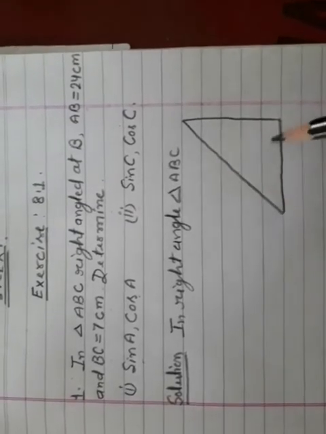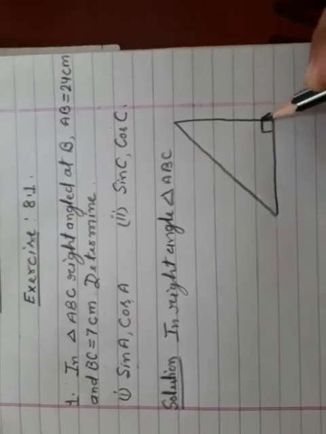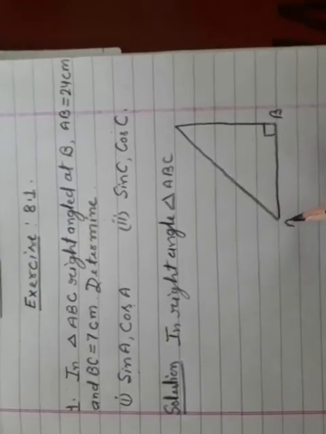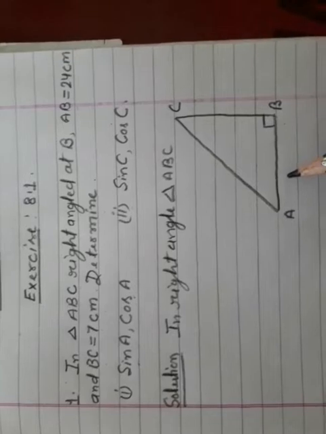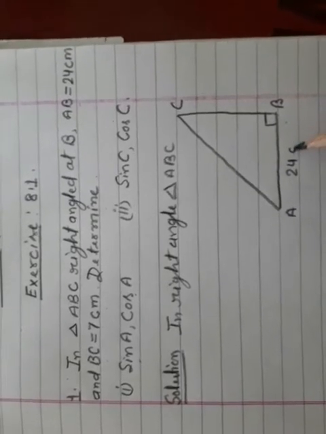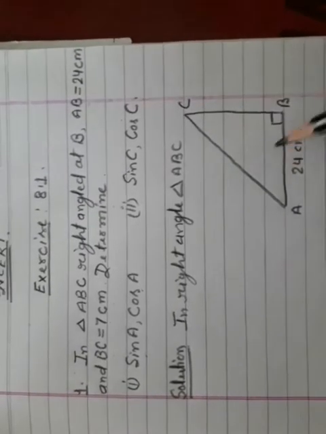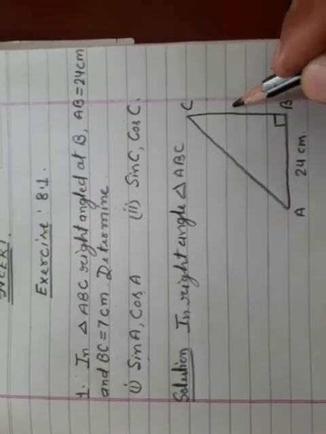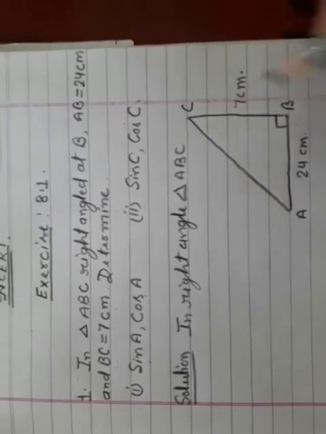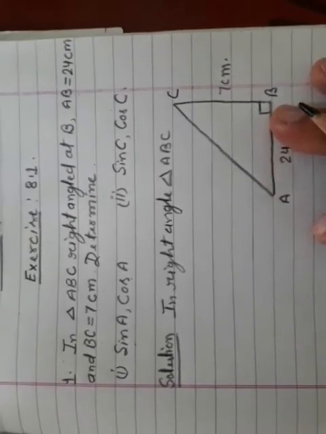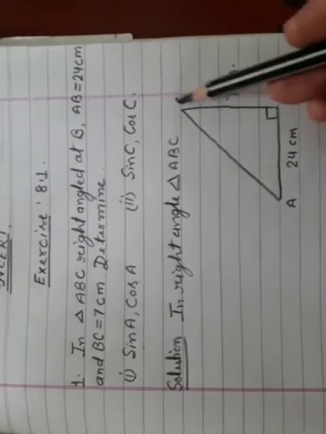B is a right angle. Now given AB is equal to 24 centimeter and BC is given that 7 centimeter. Clear? We find the AC.